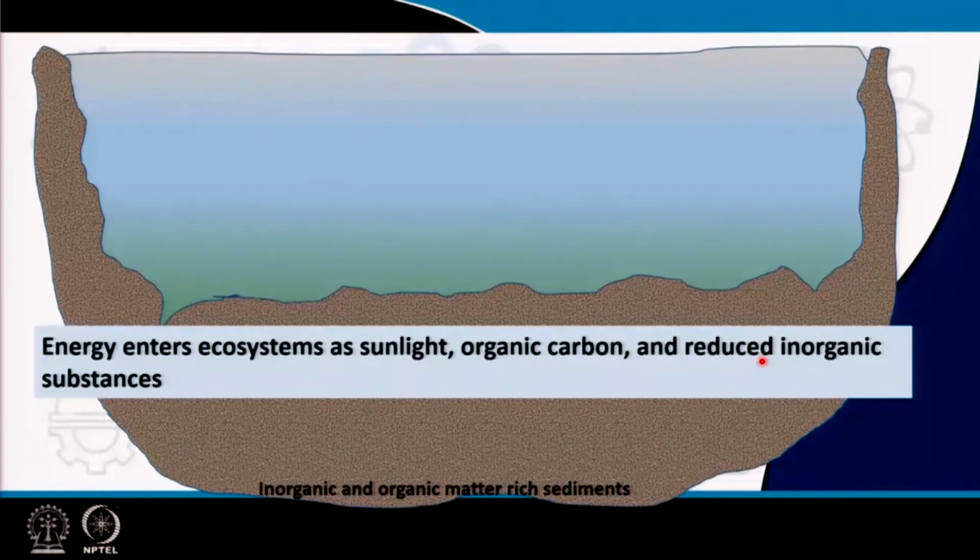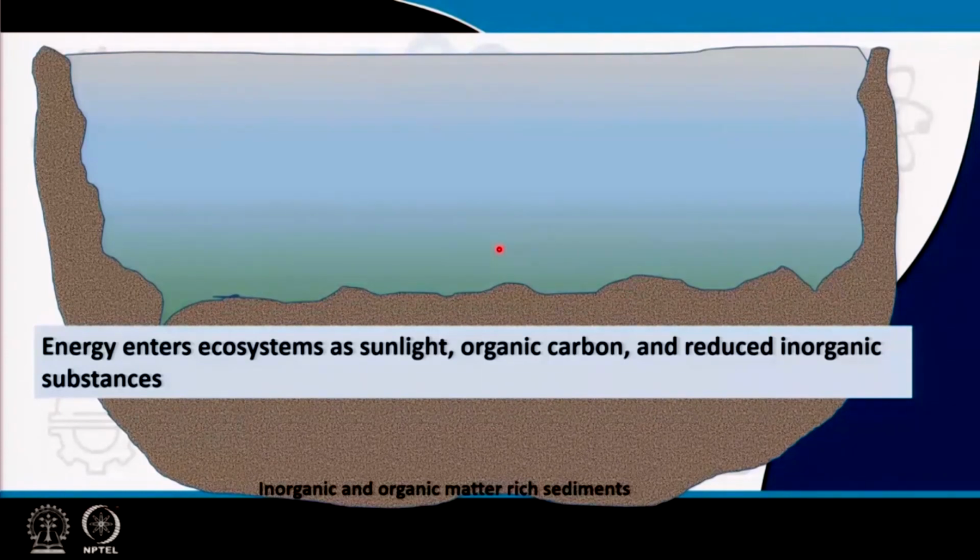These reduced inorganic substances are often present as part of the sediment or deposition. The organic carbon could be available in the sediment, or present as an external source, or it could be generated in situ by the microorganisms and other organisms, the phototrophic organisms.